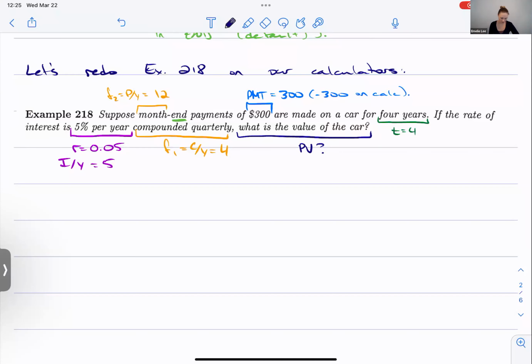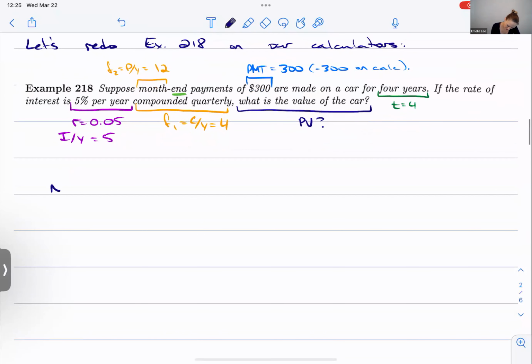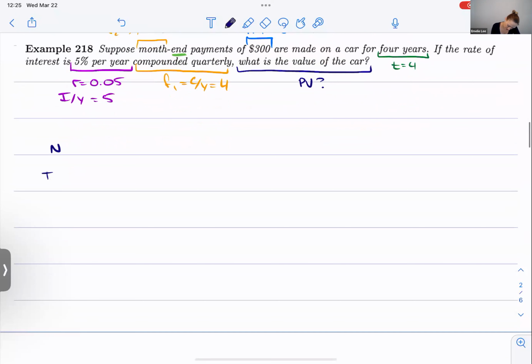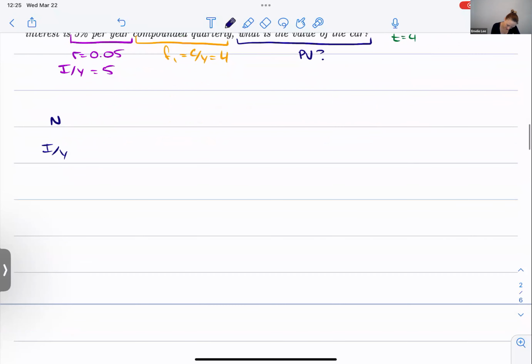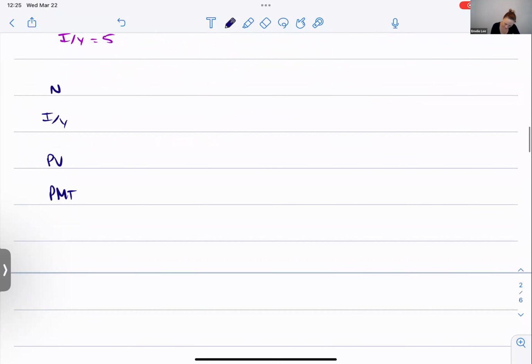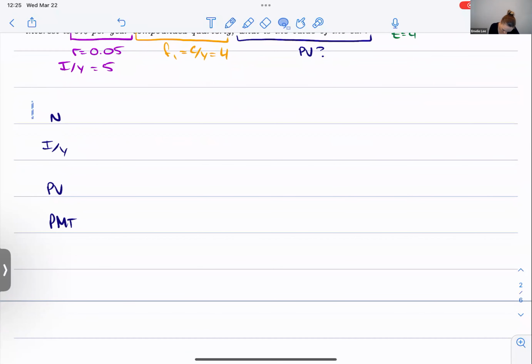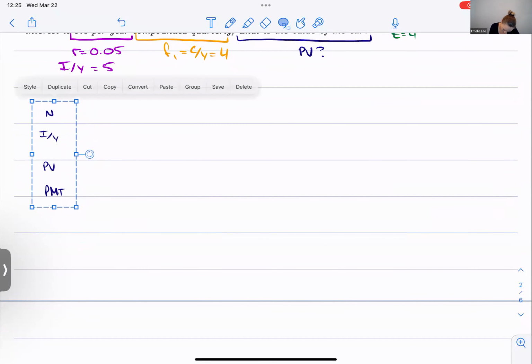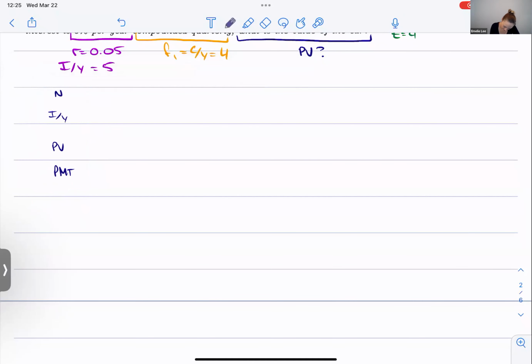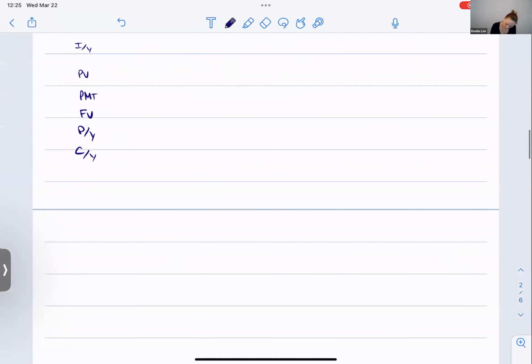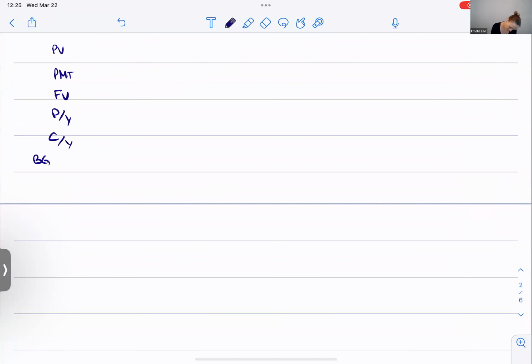So on our calculators, we're going to have N, the interest per year, the present value, the PMT, the future value, the payments per year, the compoundings per year, and if it's beginning or end.